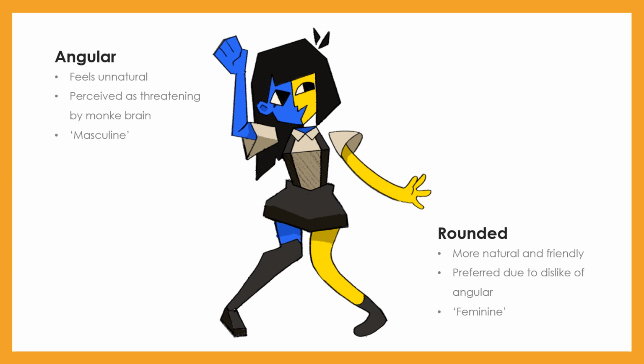Angular shapes are usually associated, this is a bit outdated, with being masculine. That's just technical, ye olde art stuff. It doesn't matter that much anymore. Meanwhile, rounded shapes are a lot more friendly and preferred, not for any particular reason from studies I was looking at, mostly just because people have a dislike of angular, so by proxy they like rounded shapes better, and they have more associations with being feminine.